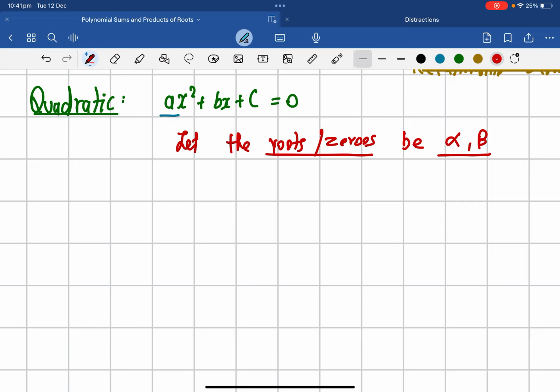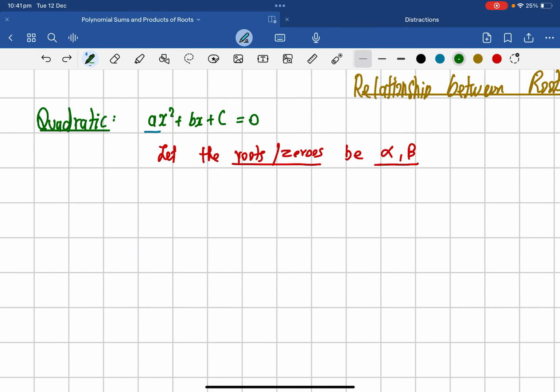What this is saying is that if you insert alpha as x, you're going to end up getting a 0. Same with beta. That is what the roots or the zeros of an expression mean. When you put it in, f of alpha is equal to 0. That's what this root means.